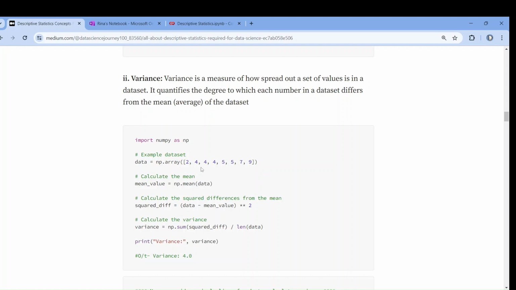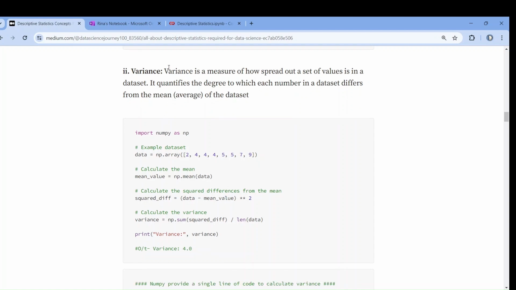So if I simply add negative numbers with positive numbers, then we will not get the desired result. That's why we are making a square, so that the negative numbers also turn into positive numbers and we can get what we actually want. Now, the spread of a set of values in the data set, that is what is known as variance: how much it differs from the mean value.